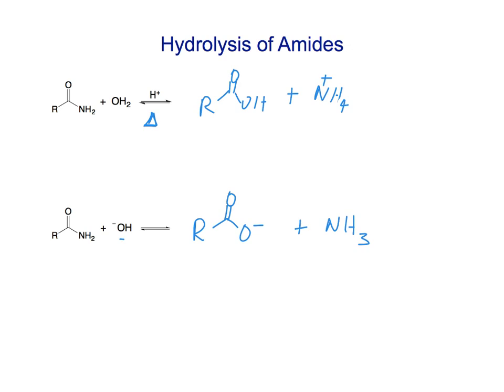Under acidic conditions, we have the acidic forms of both the carboxylic acid and the amine, and under basic conditions, we get the basic form of both of those products. The acid-catalyzed hydrolysis follows that of the ester hydrolysis, and the base-promoted amide hydrolysis follows that for the base-promoted ester hydrolysis. Same mechanisms.